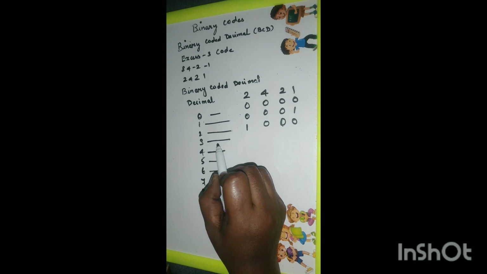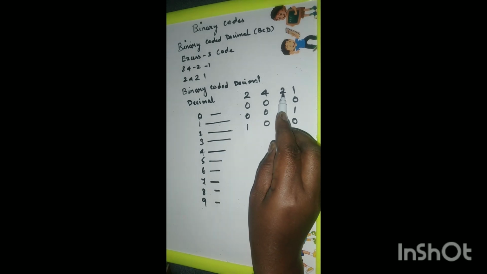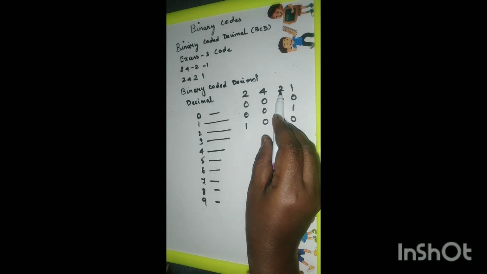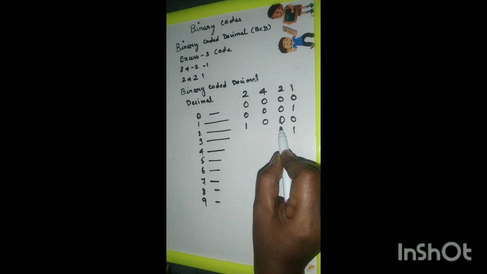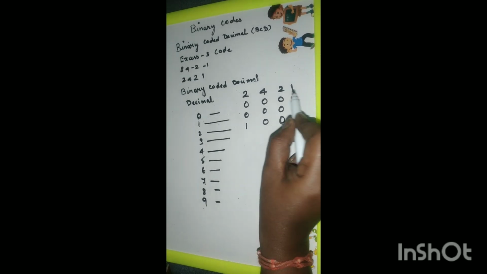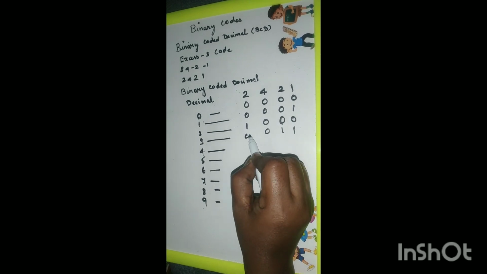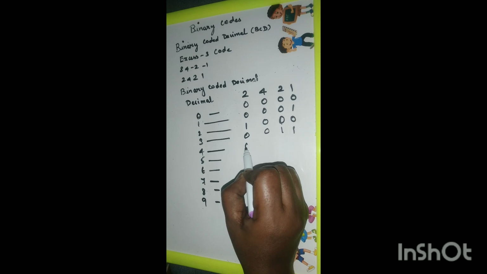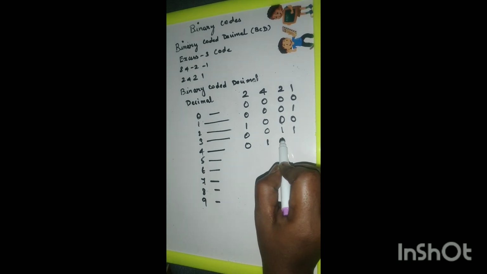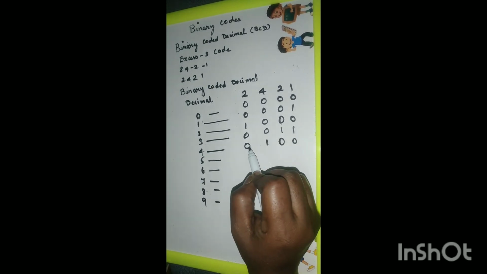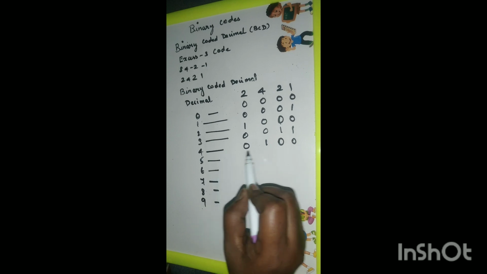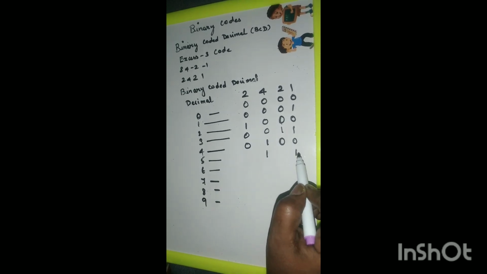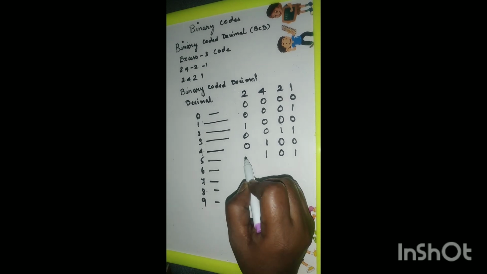Next is 3: 2 plus 1 is 3, so I assign 1 for the 2 and the 1, and 0 for the remaining. For 4, it is already there, so I assign 1 for 4 and 0 for others. Next is 5: 4 plus 1 is 5, so for 4 and 1 I assign 1, for others 0.